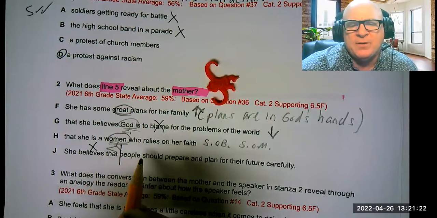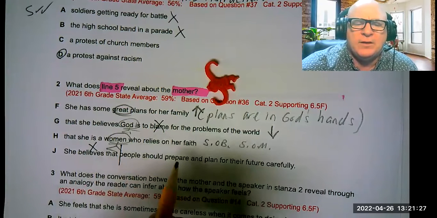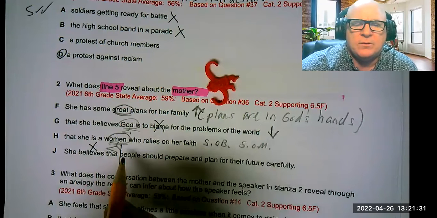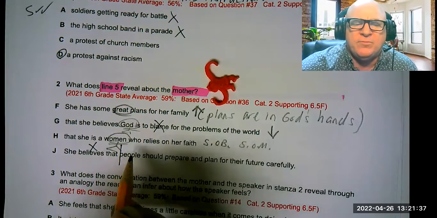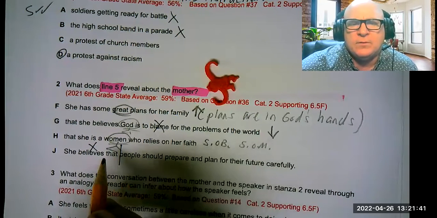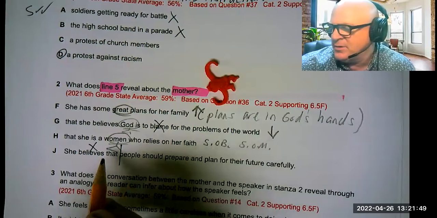And what happens, a lot of students read something and say, oh yeah, that's true. Well, if this is 2 pieces of a puzzle, then this part is true, but it can only be the answer if we can infer that she believes that based on line 5.